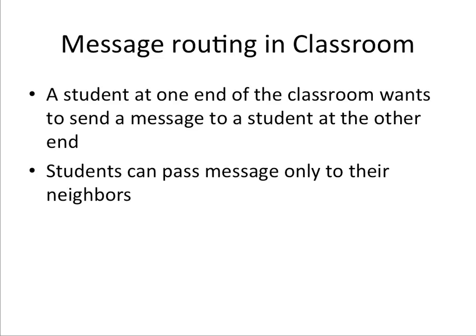Let me give you a slightly different algorithm, which will simplify this particular message routing problem that we have in this classroom. So let's say we want to use something called geographic routing. And this is how the algorithm works. Every time you receive a message, you know the destination for that message.